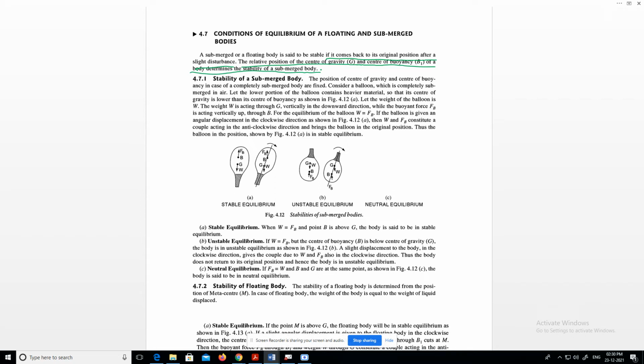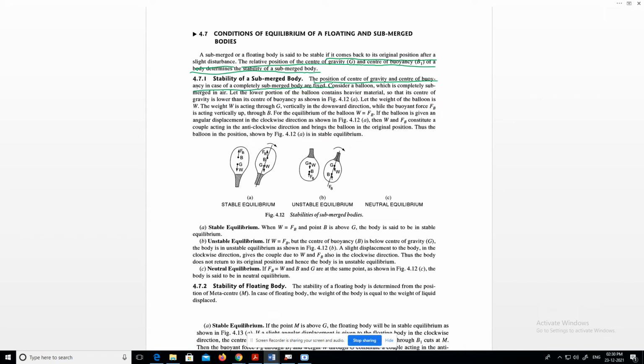Right. Stability of a submerged body. The positions of the center of gravity and center of buoyancy in the case of a completely submerged body are fixed. You have to keep in mind the difference between a submerged body and a partially submerged body.